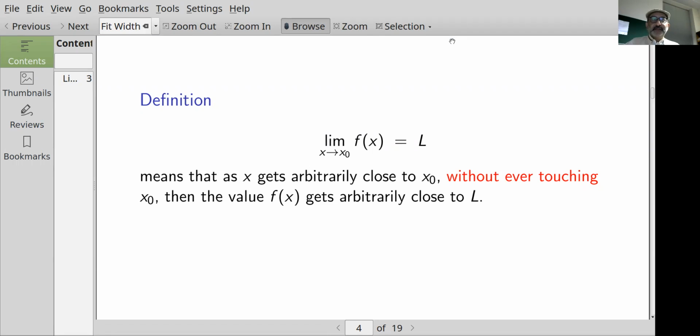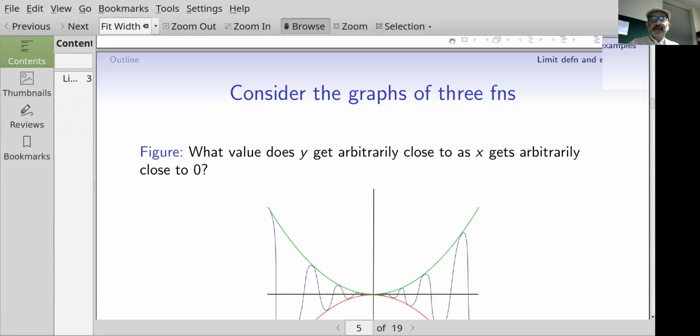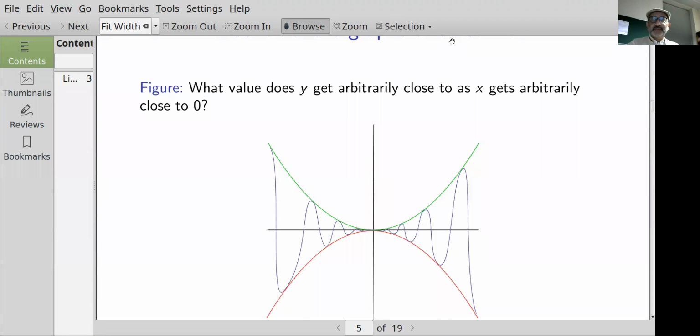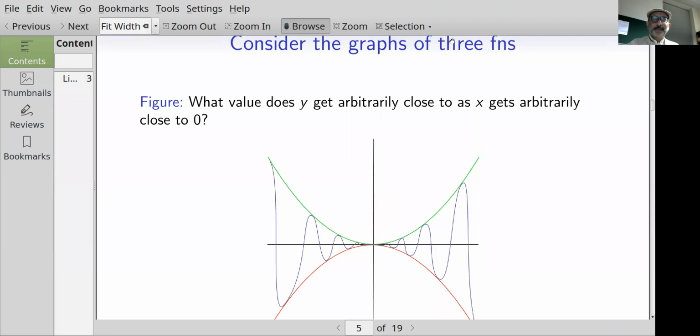So what this means is that as x gets arbitrarily close to x naught without ever touching x naught, then the value f of x gets arbitrarily close to L. Okay, so we do a few examples, and you'll see maybe more clearly what that means.